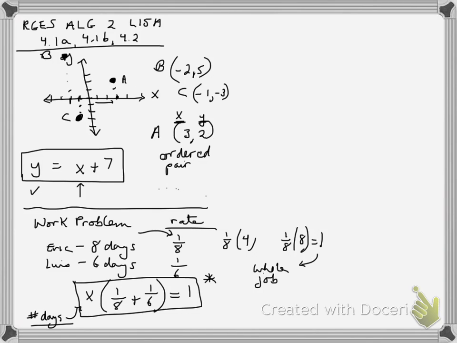To do that, of course, we'd get a least common denominator. We'd multiply it through, and let's just do it. My least common denominator would be 24.